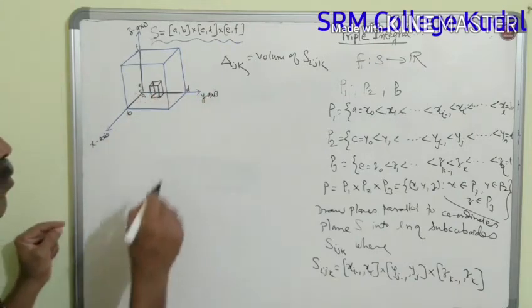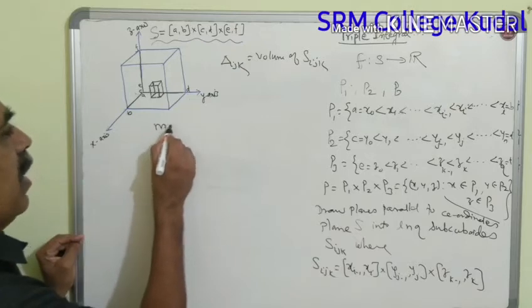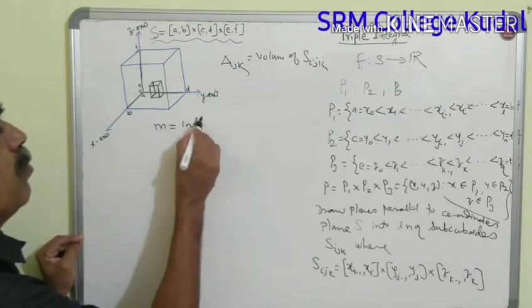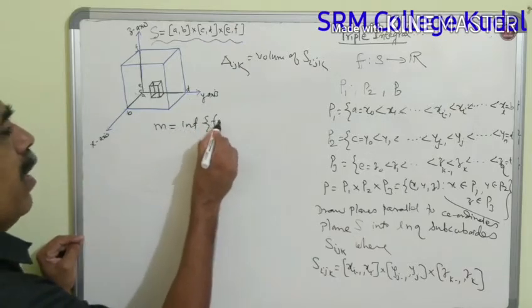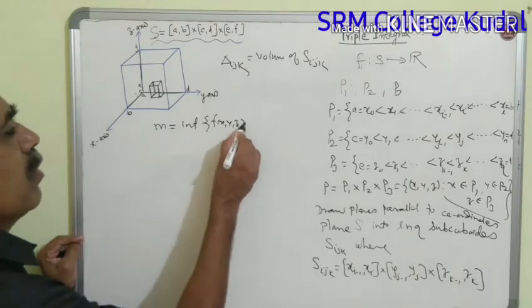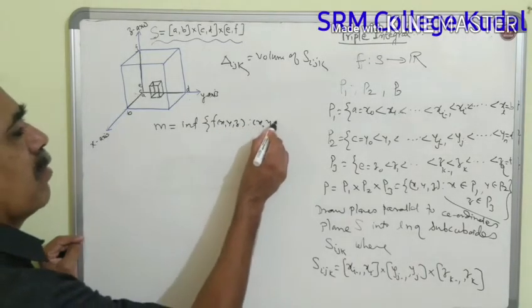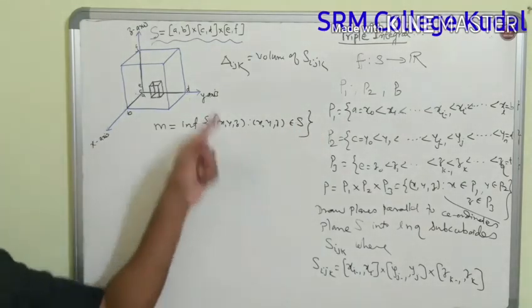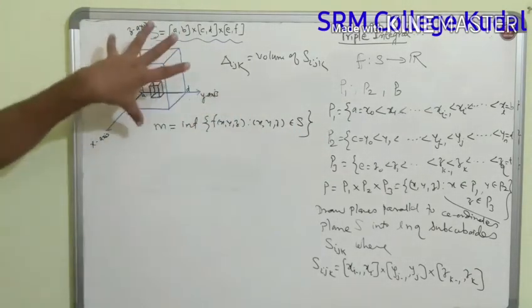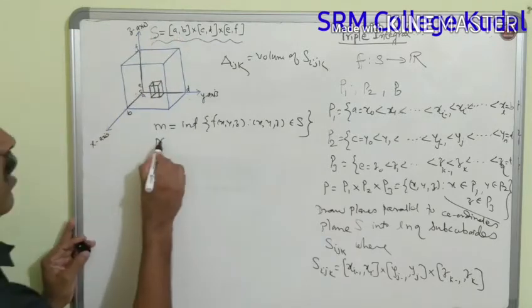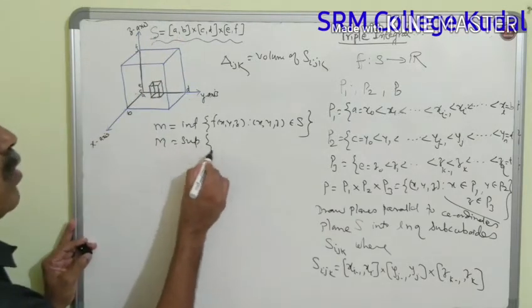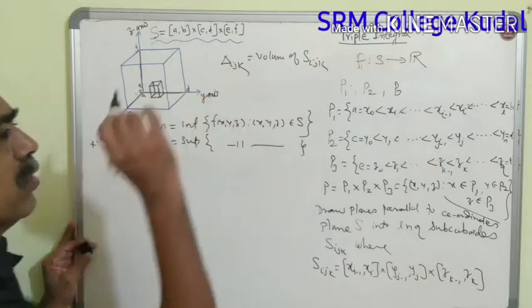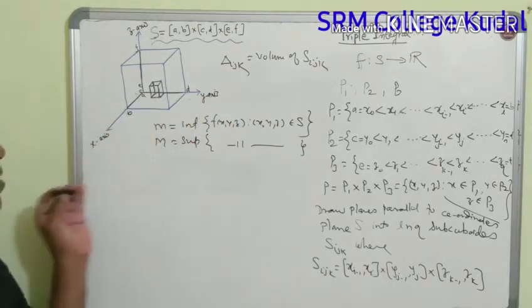Suppose now m is the infimum of the function f over x, y, z belonging to S, so m is the infimum of f on the whole of the cuboid, and capital M is the supremum of f on the whole of the cuboid S.